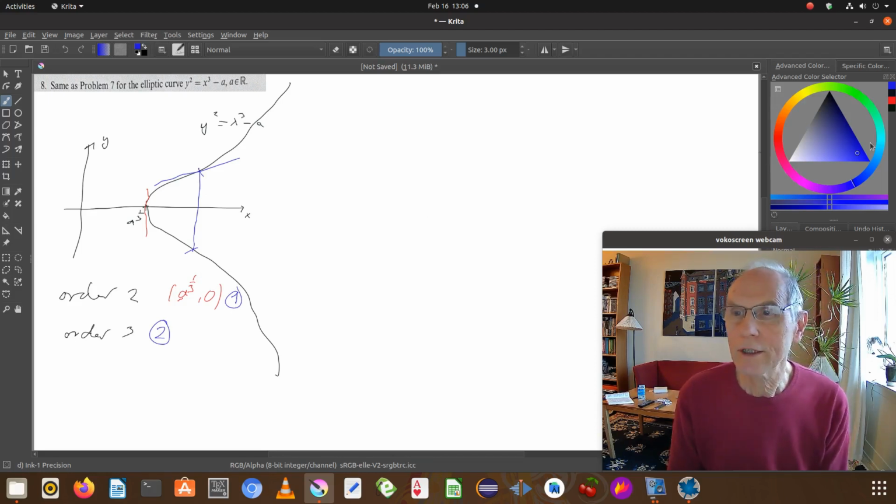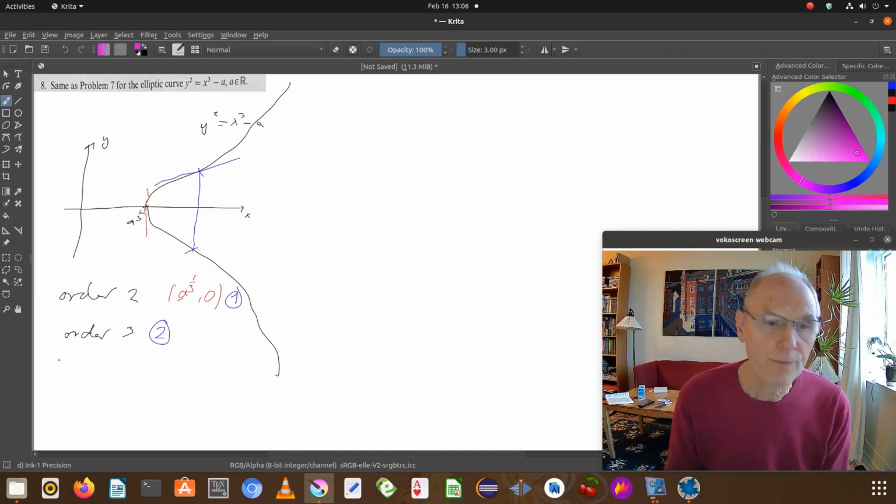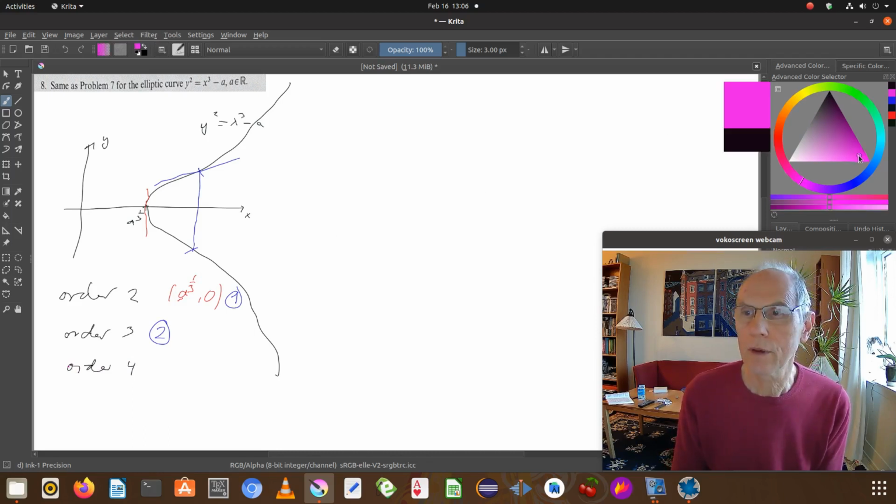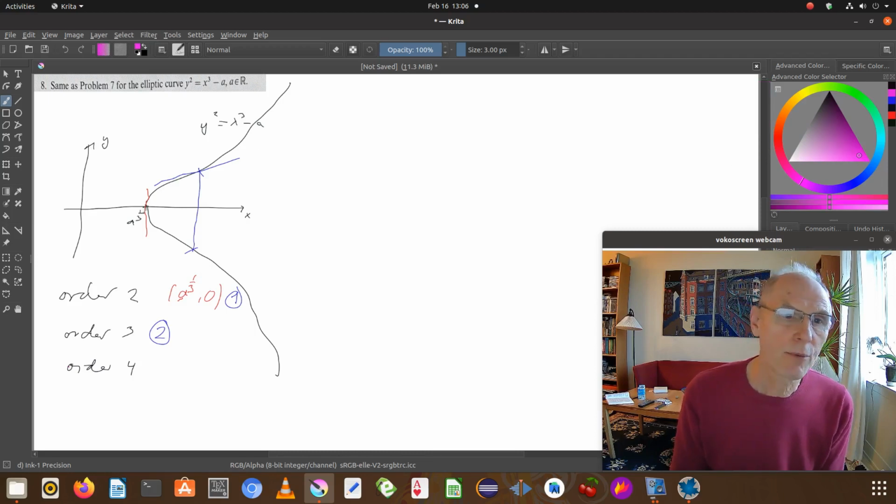And order, order 4. That's a point that ends here, so we need to find a point, and we learned that from the last exercise.